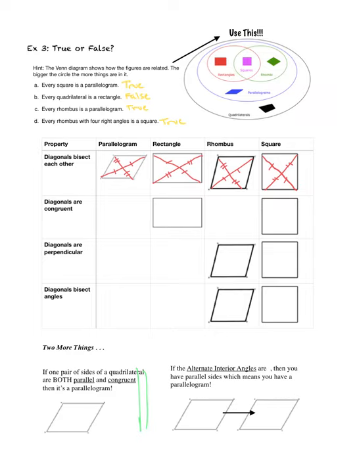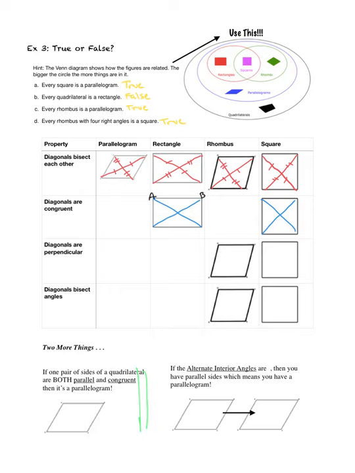Now, diagonals are congruent. Well, that only happens in a rectangle and a square. There we go. Now I'm going to label these because I want you to really see this.